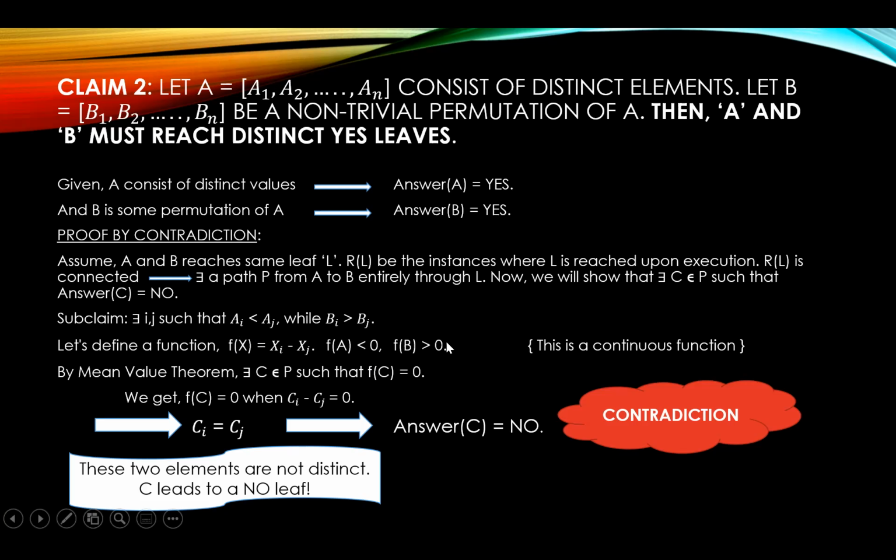Since it is a continuous function, by the mean value theorem there exists a point C in path P such that f of C is equal to 0, which means Ci minus Cj equals 0, so Ci equals Cj, meaning these two elements are not distinct. C leads to a no leaf. So the answer of C equals no, which is a contradiction. Hence, by contradiction, we prove that distinct A and B must reach distinct S leaves.